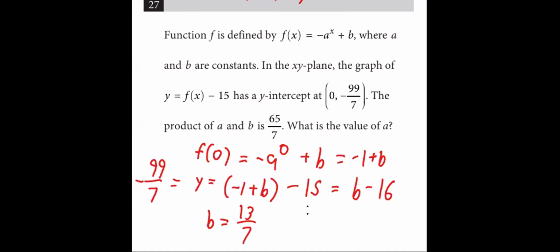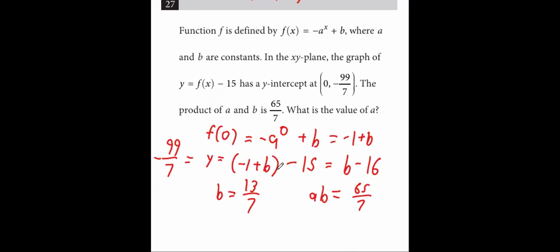So we know that ab is equal to 65 over 7, and we have b is equal to 13 over 7. So we can just do a times 13 over 7 is equal to 65 over 7.